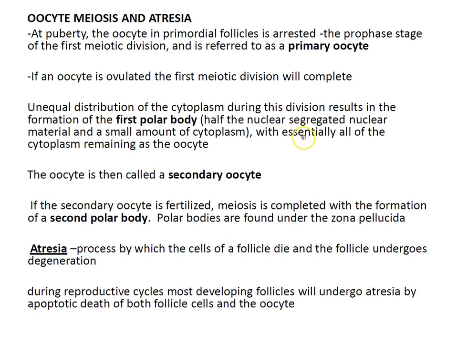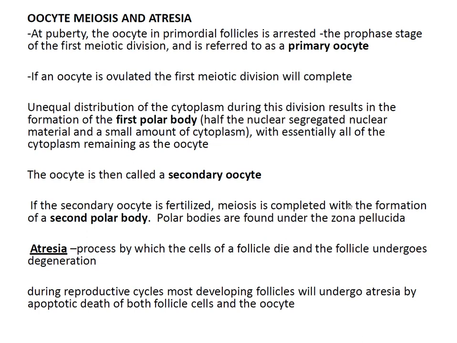Essentially, all of the cytoplasm remains with the oocyte, which is now called a secondary oocyte. If this secondary oocyte is fertilized, meiosis is completed with the formation of a second polar body. Both polar bodies are found under the layer of the zona pellucida.